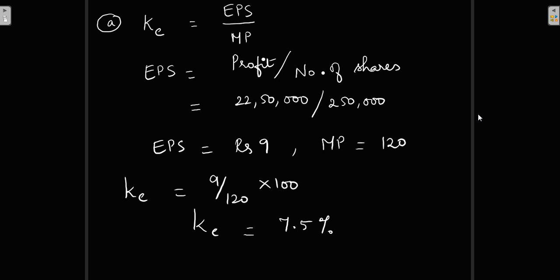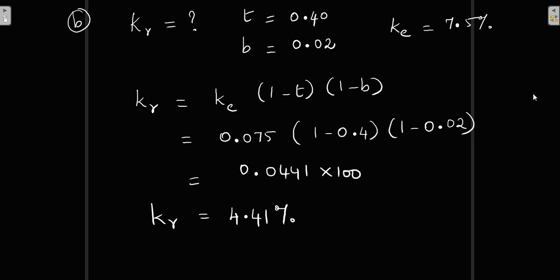Keeping this, let's try to solve the second part of the problem. We know that cost of equity is 7.5%, tax is 40% and brokerage is 2%. So substitute it into the formula of equity into 1 minus T into 1 minus brokerage. So the cost of retained earnings is 4.41%.